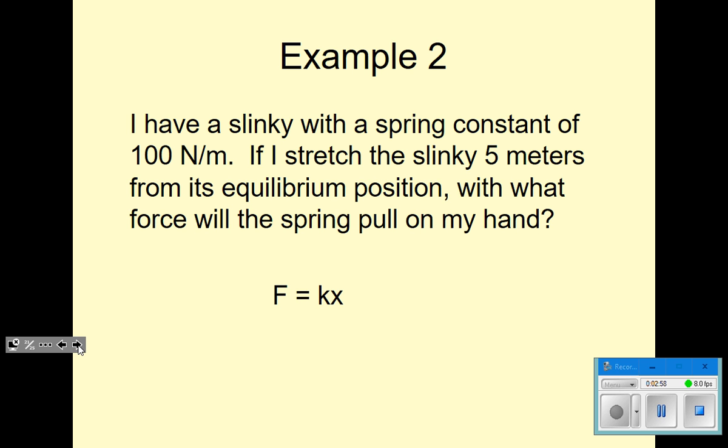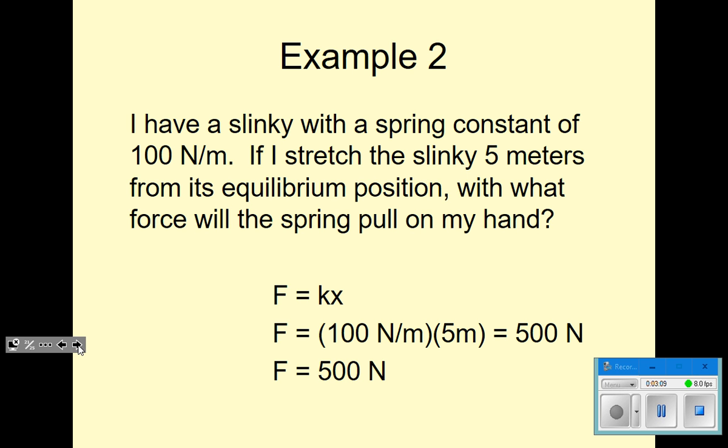So F equals Kx, and then F would be 100 newtons per meter multiplied by 5 meters, which would give me an answer of 500 newtons. If I did this problem on my paper on a test, I would not get full credit because I'm not showing any variables before my work. But it's a pretty simple concept. Multiply, the meters cancel out, and so then you end up in newtons.